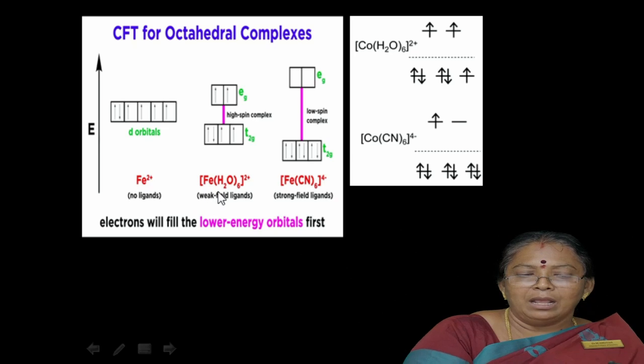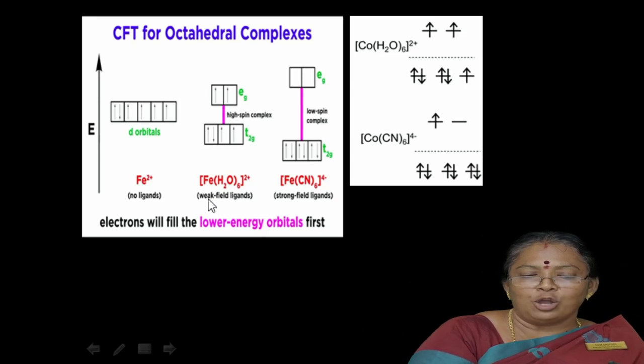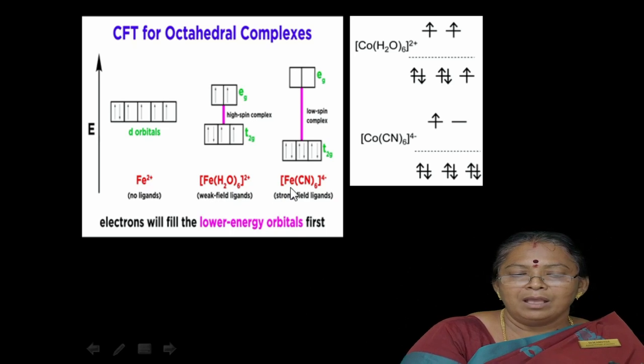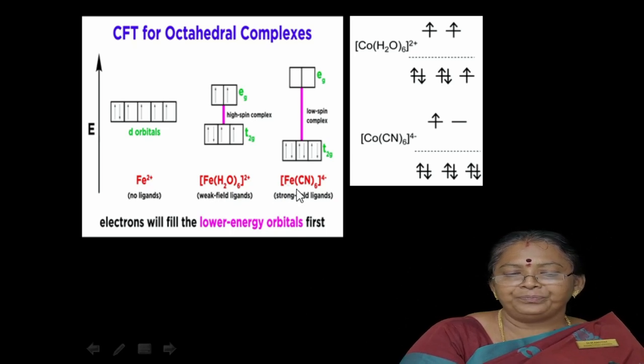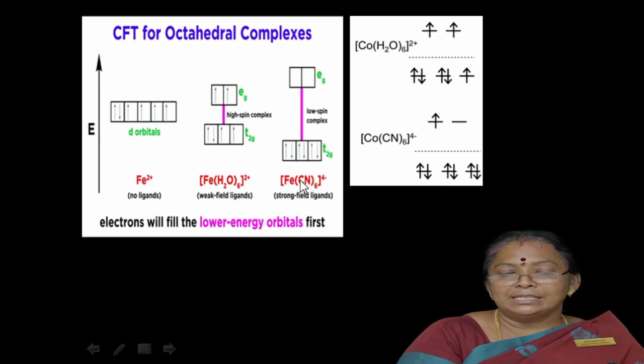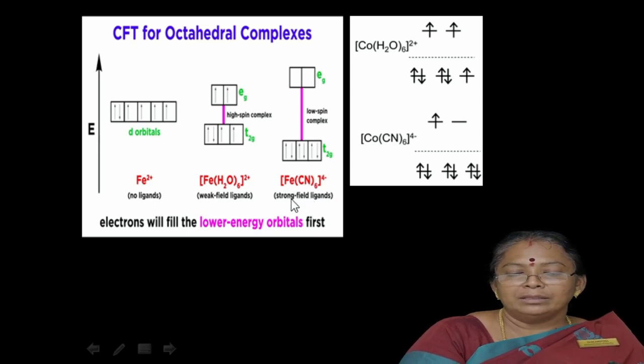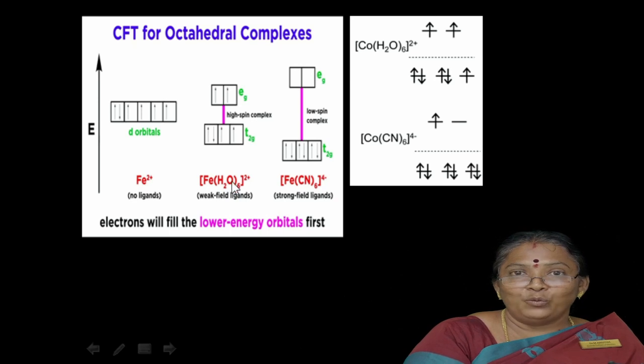When iron reacts with aqua molecules and forms the hexaaquairon(II) ion, this is the complex compound, this is the central metal ion, and this is the weak ligand. Here, for the same iron atom, cyanide is a strong ligand, forming hexacyanoferrate(III).